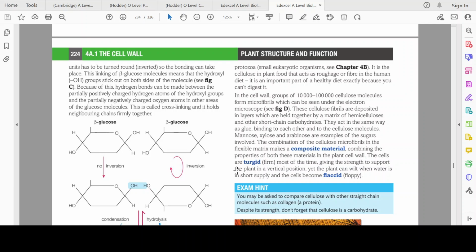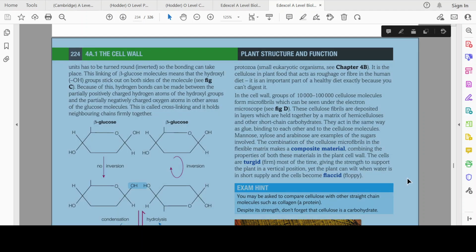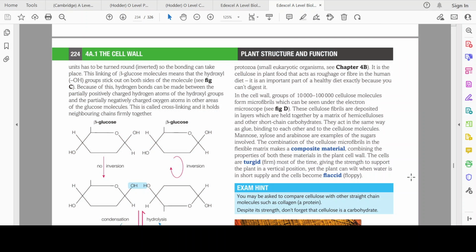If water leaves the cell, it becomes flaccid, and so the plant is drooping, it becomes floppy, which is the word they've used. So the structural support is very important for the plant's overall structure. It's not just the structural support of the individual cell, but the structural support for the entire plant as a whole. Any questions?